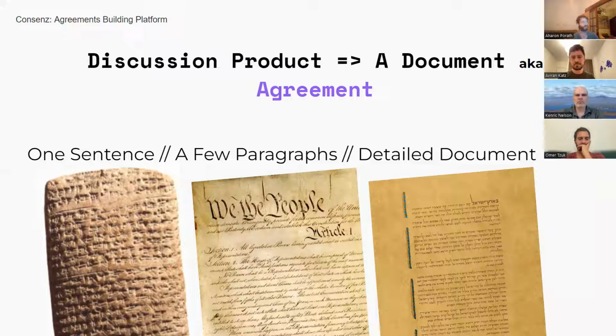In these three examples, we have the American Constitution, I think one of the most famous governance documents in the world and one of the most influential. We have the Hammurabi laws, where we can see that even 4,000 years ago, people gathered around written text. And we have the Israeli Declaration of Independence, which is also considered a very canonical text in the Israeli governance tradition.